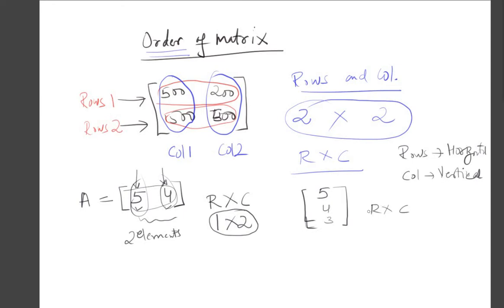There are 3 rows and 1 column. We've got row number 1, R1, row number 2, and row number 3, and just 1 column here, which is C1. So that's why the order of the matrix is 3 cross 1. Make sense?